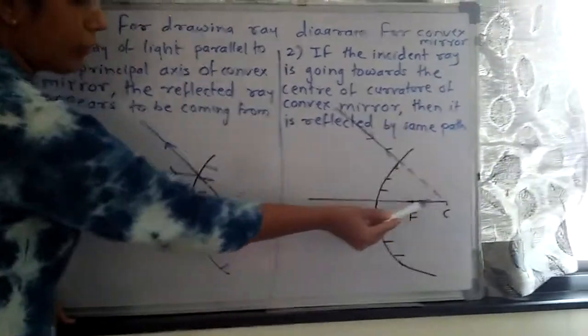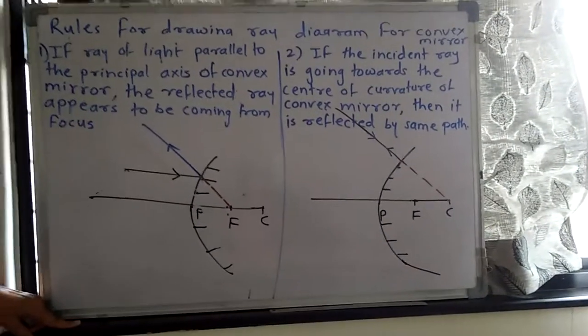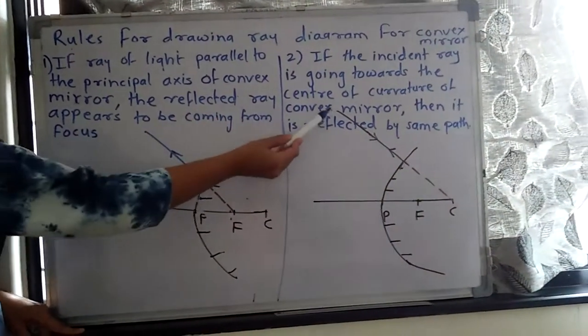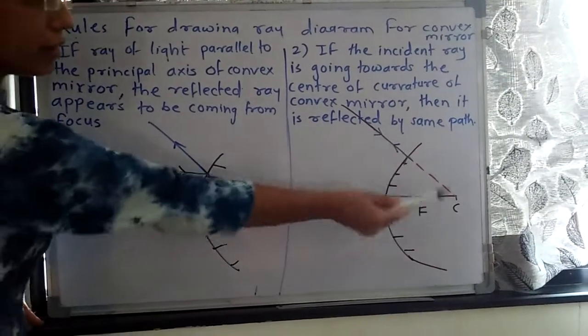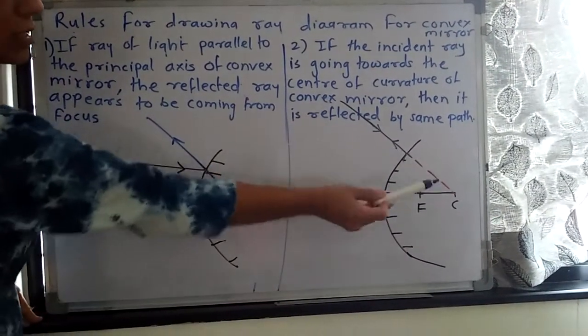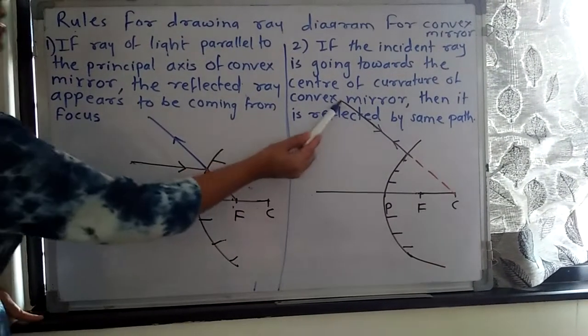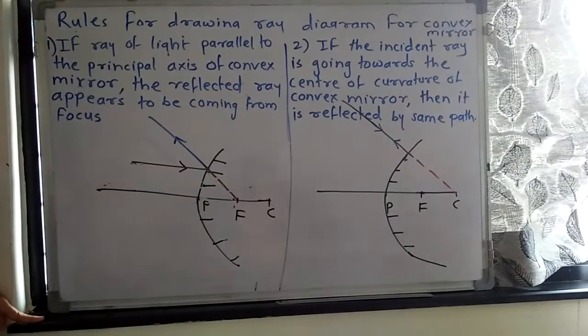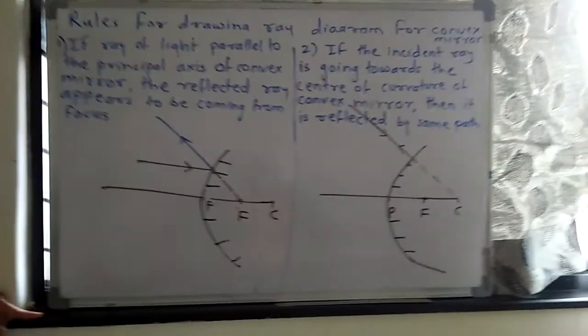Here we have center of curvature, focus and pole. Here we have convex mirror, and now see, incident ray is going towards the center of curvature, means it is not passing in the mirror. It is going towards the center of curvature and it is reflected by the same path. So this is the incident ray and this is the reflected ray. But it appears to be coming from the center of curvature.